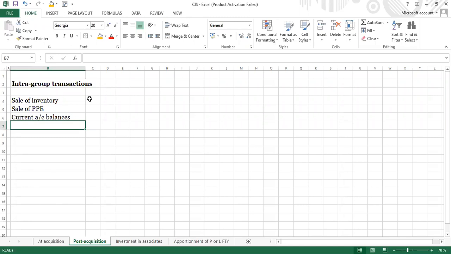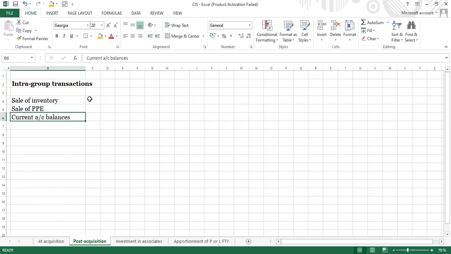So what is left to one person will be right to the other person. At any point in time, the balance recorded by the subsidiary and the balance recorded by the parent are expected to be the same. So that's where the learning of current account balances comes in. Most times, the difference between the two is caused by goods in transit or cash in transit. We'll look at how all these affect your consolidated income statement.